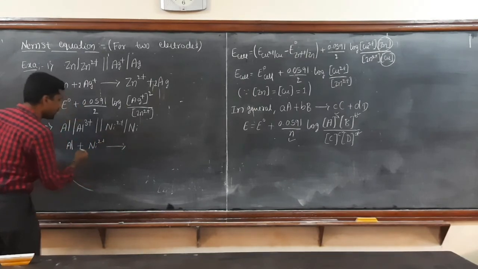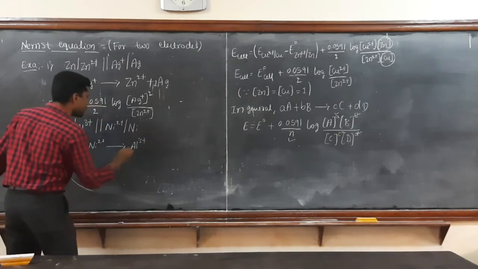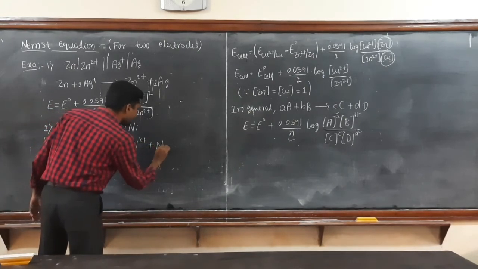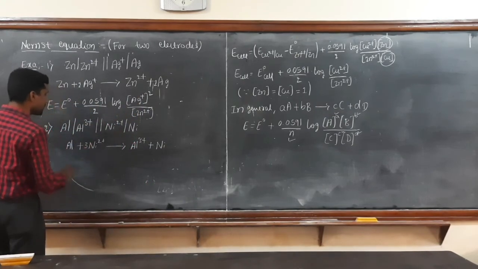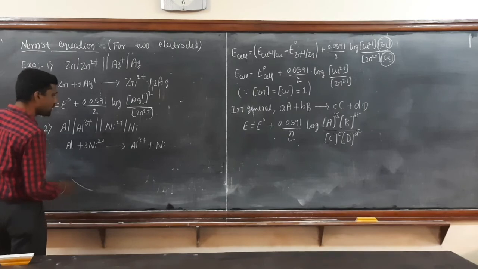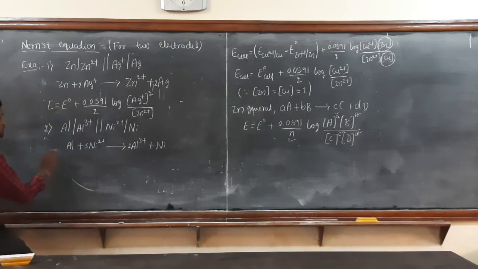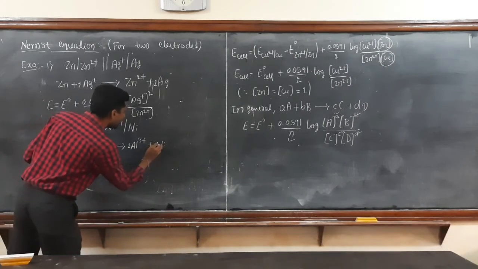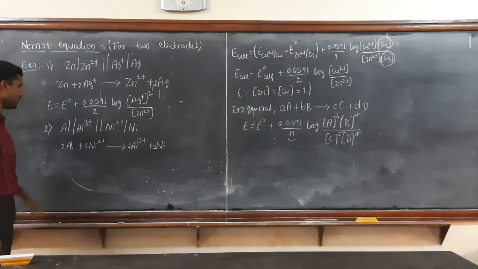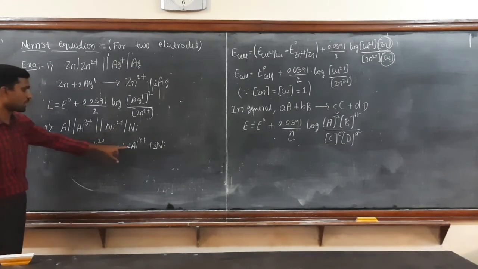If you want to balance this equation, it should be multiplied by 3 for one and by 2 for the other. So 6 electrons are involved in this reaction, 2 into 3.